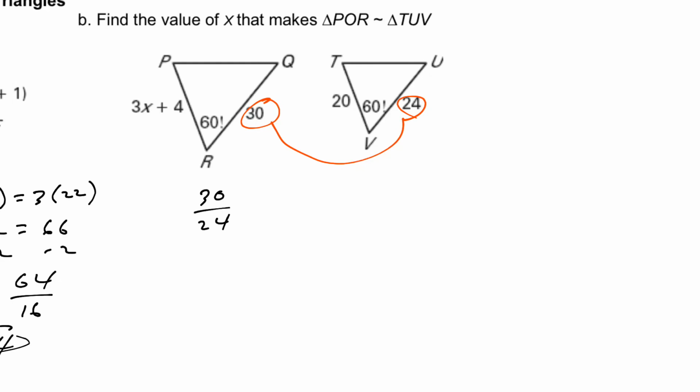And we have 3x plus 4 in the large triangle corresponding with 20 in the little triangle. So these should be equal. Let's just go ahead and do our cross products. This time I will not reduce my fraction on the left. So my first cross product is 24 times the quantity 3x plus 4. And that will have to equal 30 times 20.